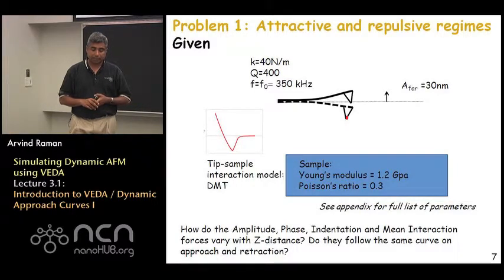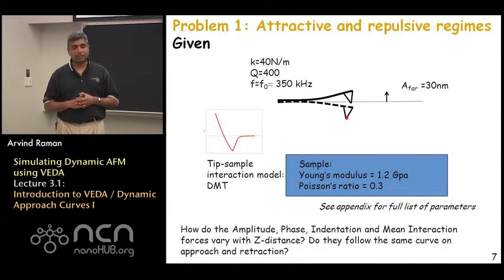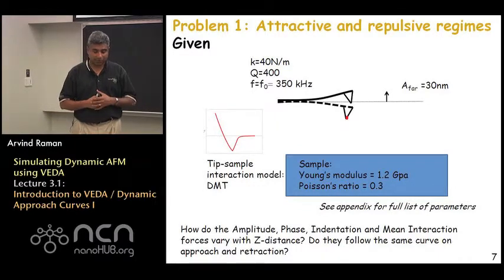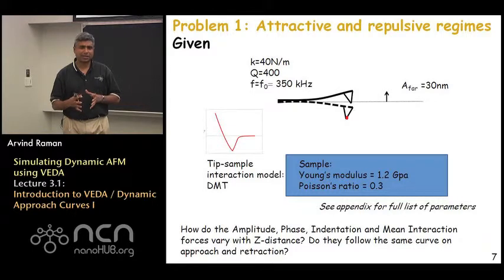And the Hamaker constant value for this combination, let's say it's a silicon tip and the sample is a typical polymer sample, generally lies somewhere between 5 to 10 times 10 to the minus 20 joules.